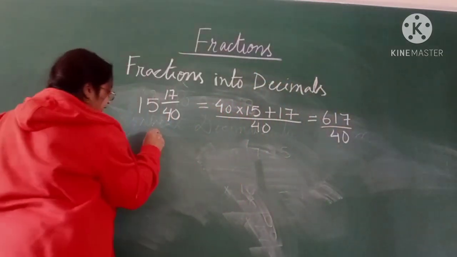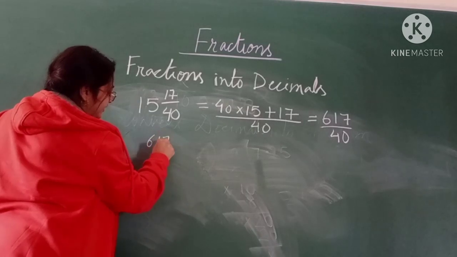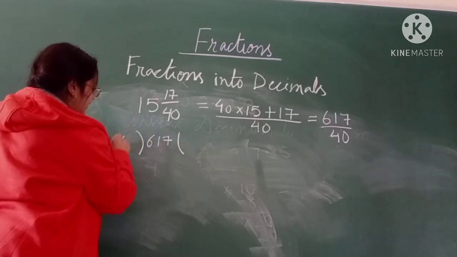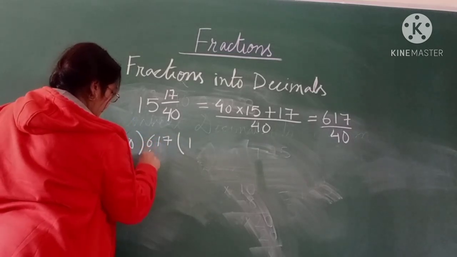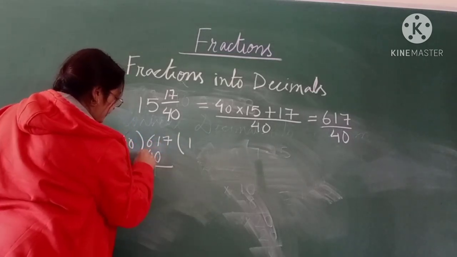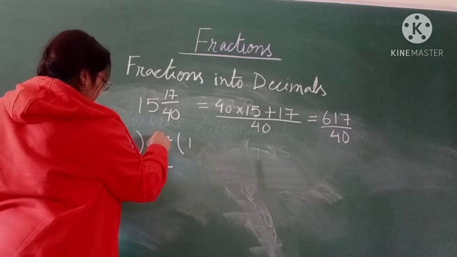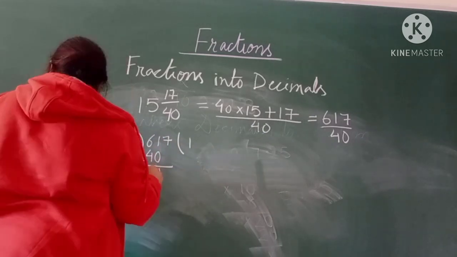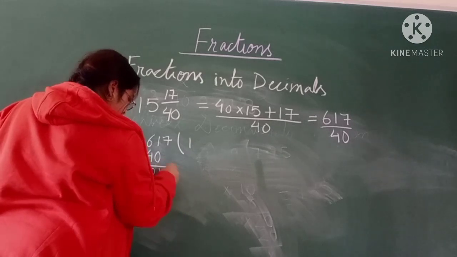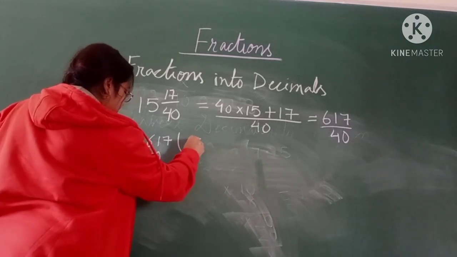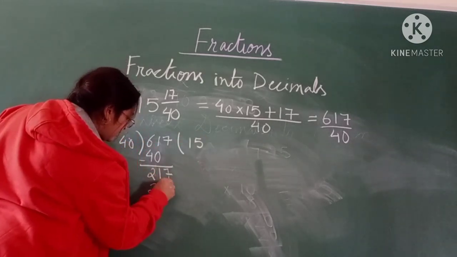We will divide this 617 by 40. 40 times 1 is 40. 1, and 7 comes down. 40 times 5 is 200.